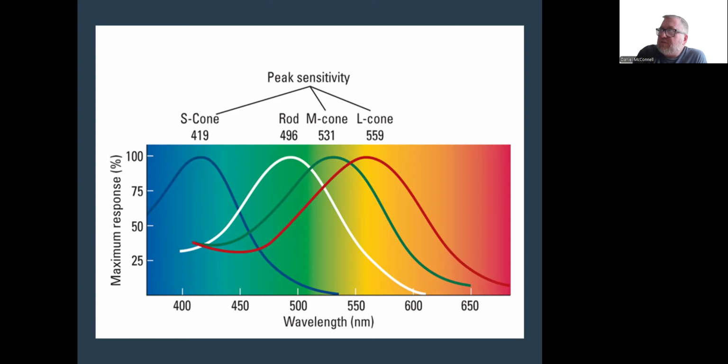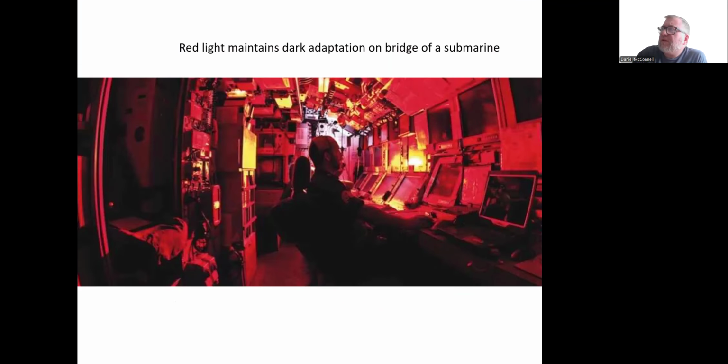And let's go back for a second, right? Why red light? Because again, if I come back here to the rod sensitivity curve at 496, which is green, clearly exposing rods to long wavelength light above 650 nanometers will not stimulate the rods whatsoever. And therefore, this will not affect their sensitivity or their adaptive state.